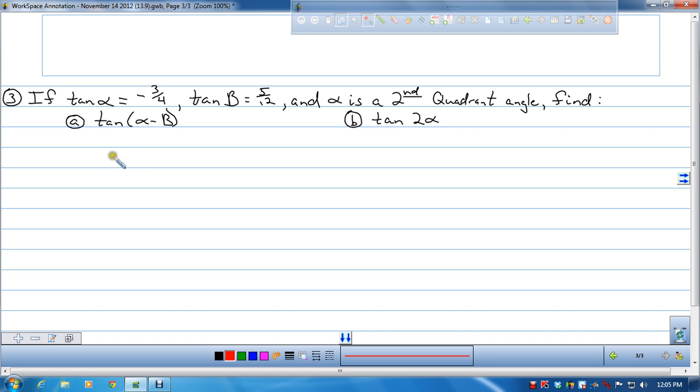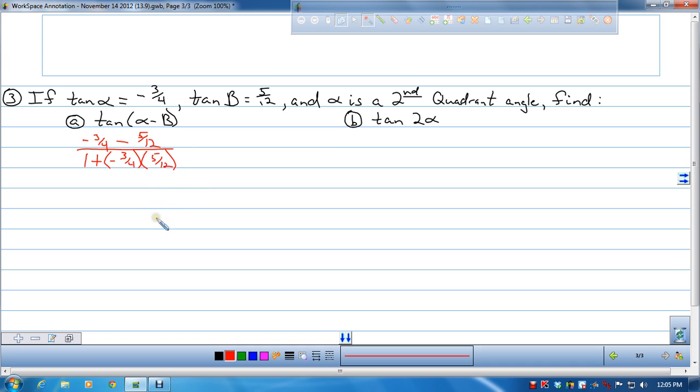Therefore, that is going to be the tangent of alpha, which it gives me is negative 3/4. And remember, the sign stays the same, so I'm subtracting the tangent of beta, which is 5/12. And that's going to be over 1. Remember, that sign is the opposite. And then I multiply those numbers together, so negative 3/4 times 5/12.